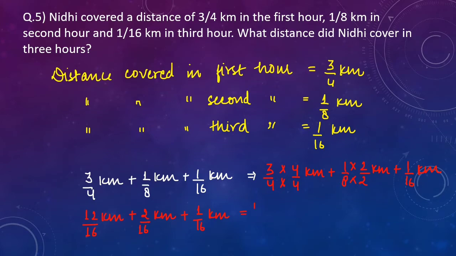So 12 plus 2 is 14, 14 plus 1 is 15. It will be equals to 15 upon 16 kilometer. Therefore, total distance covered is 15 upon 16 kilometer.